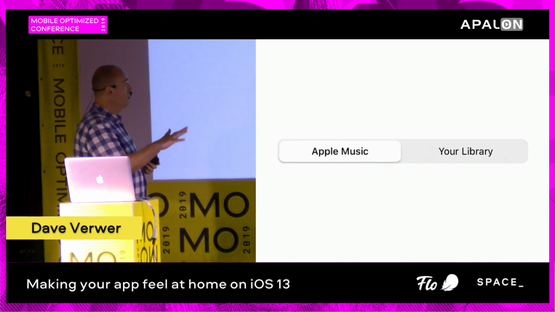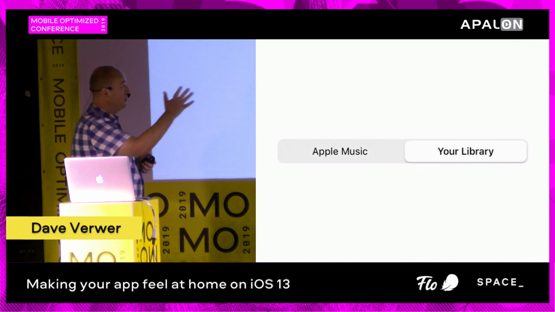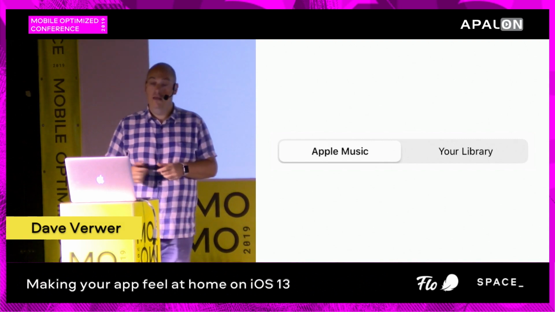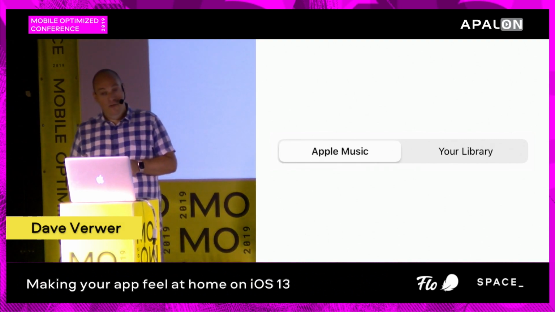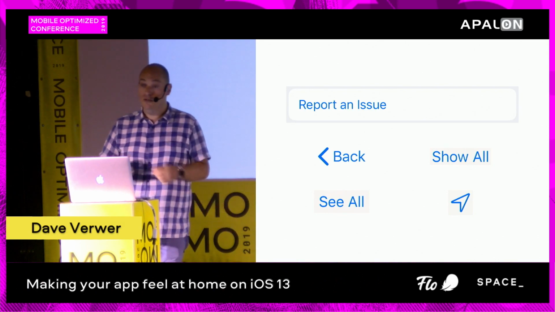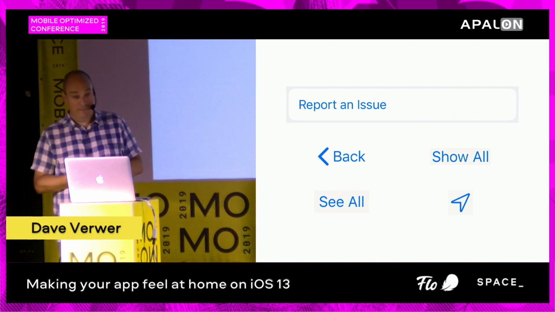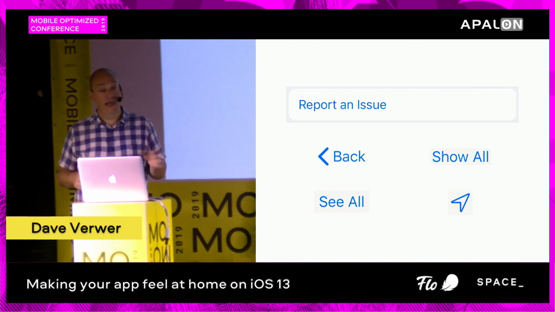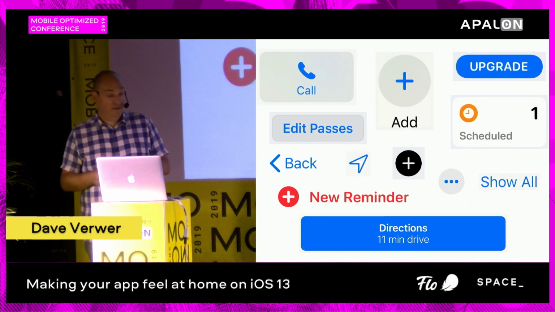So the new segmented controls, the buttons for the two segments, they animate as you tap them. But that doesn't mean we haven't completely got rid of the old style buttons, because these screenshots here are also from iOS 13. So what we have at the moment is quite a mix of styles.